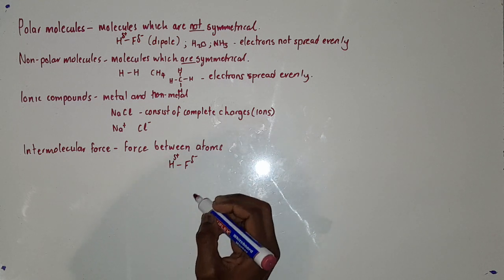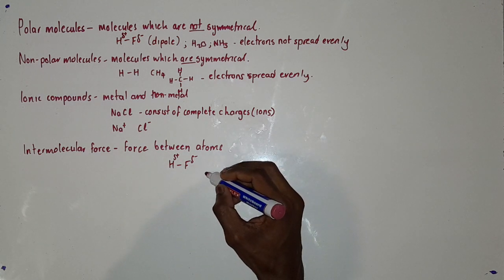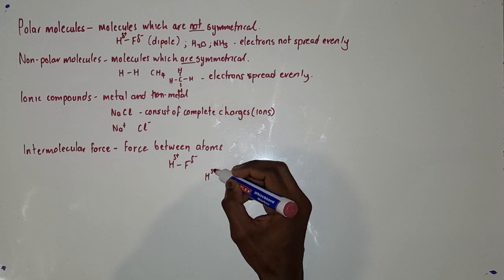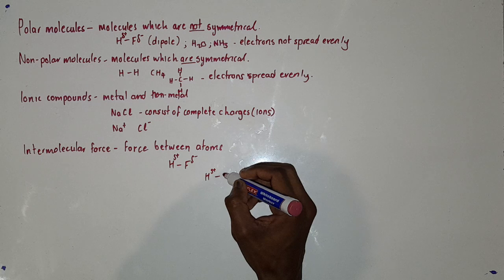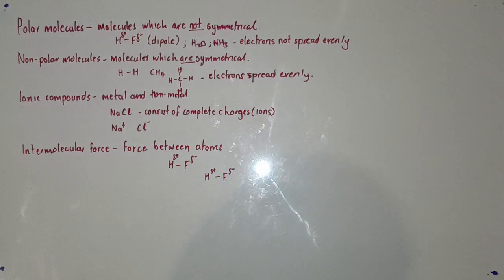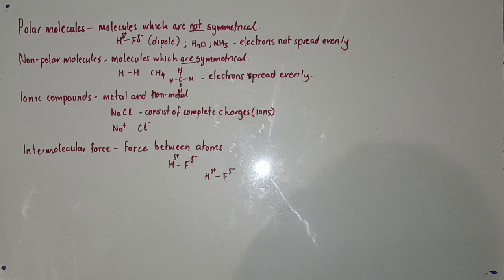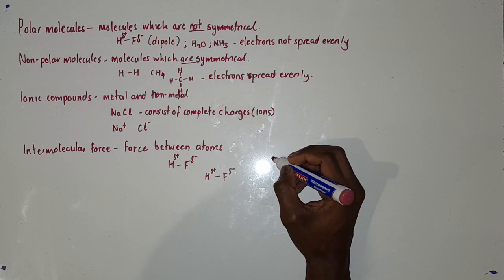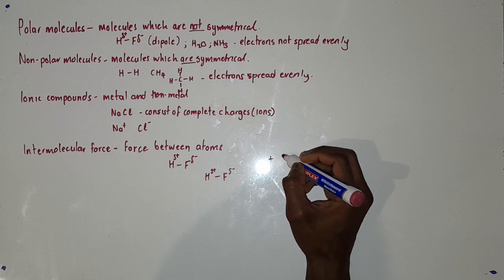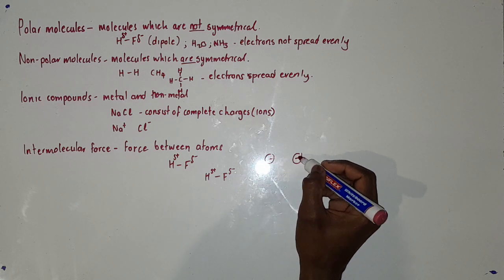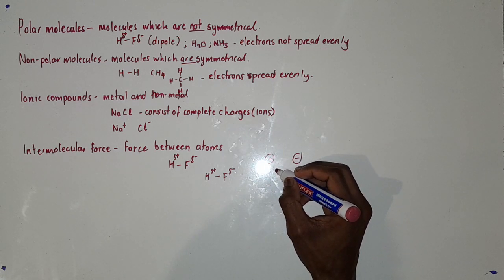Then if I were to take another HF like this and place it next to this one, what is going to happen? We know that unlike charges, let's say positive together with negative, attract.